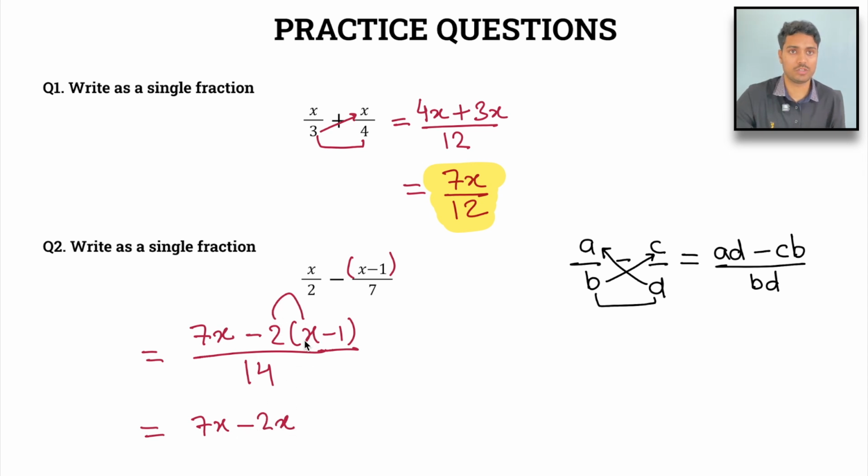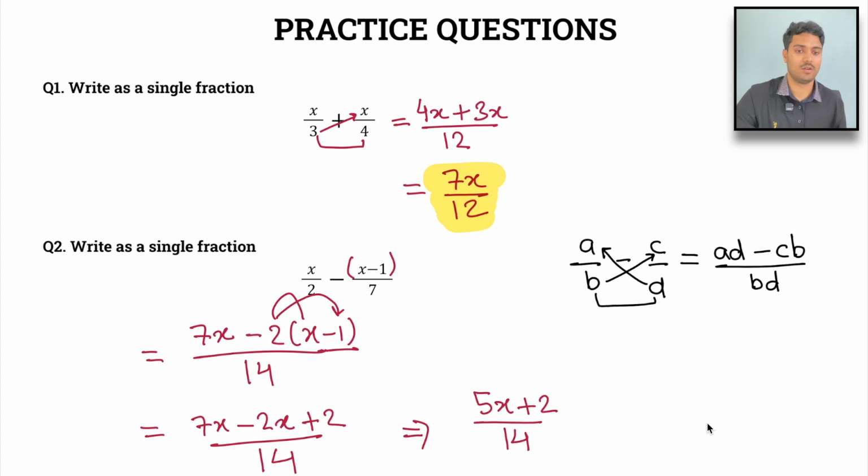The x was positive, now it is multiplying with negative 2, so it is negative 2x. This is negative 1 multiplied by negative 2, so it will become positive 2, divided by 14, and the answer will be 5x plus 2 divided by 14. Now I hope this is clear to everyone.